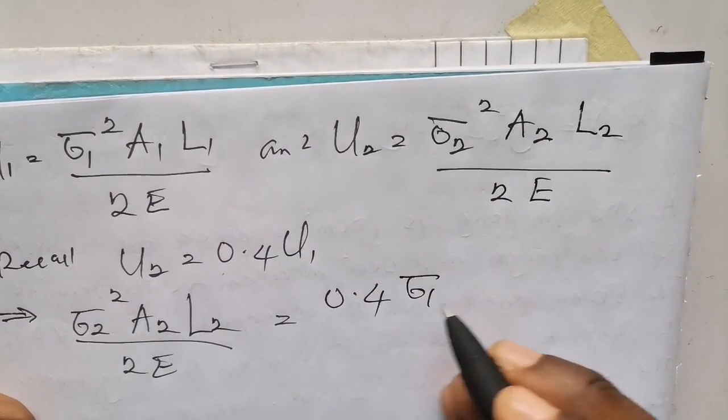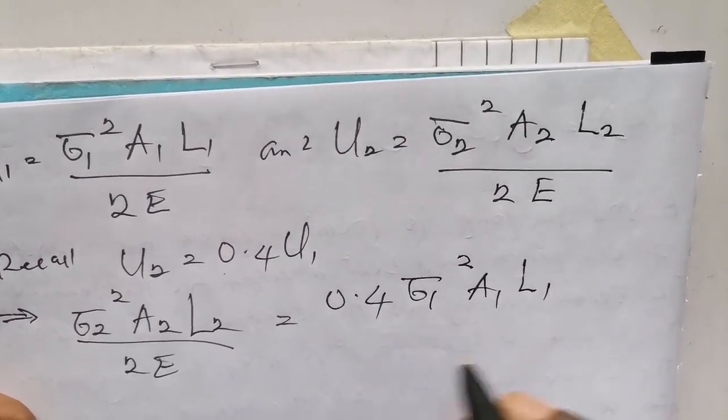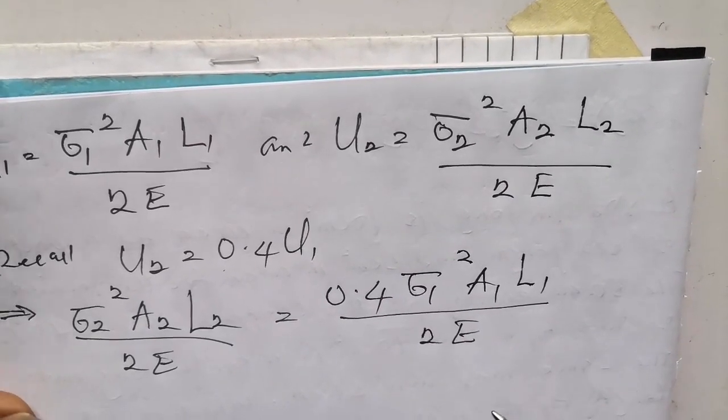So we have stress 1 squared area 1 times L1 all over 2 times Young's modulus.